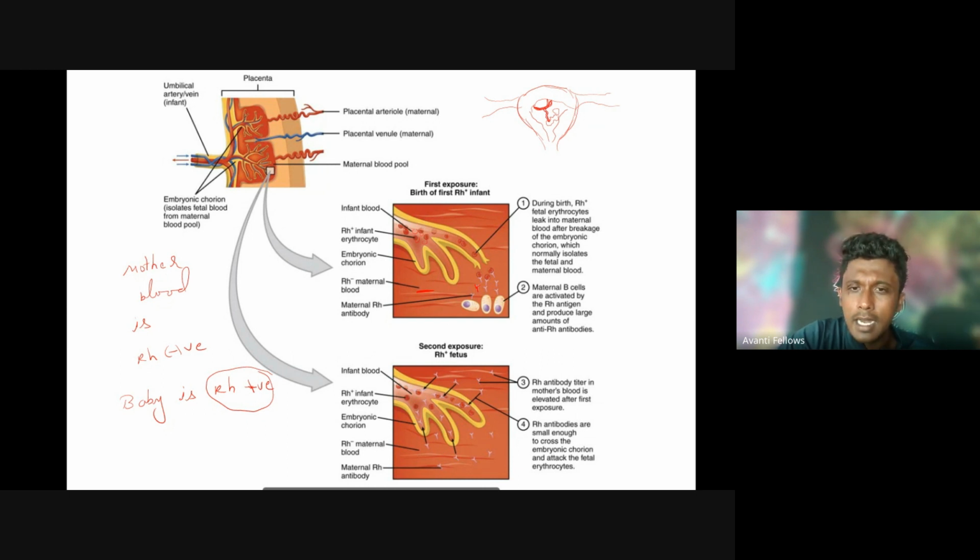So the mother's antibodies start targeting this infant blood. So these blood cells start clumping together. Once they start clumping together, that will lead to an agglutination reaction, and finally it leads to small clots throughout the blood vessels of the baby. Now this can lead to malfunction in the liver, failure in the kidneys, etc.